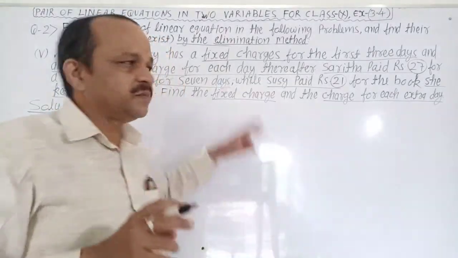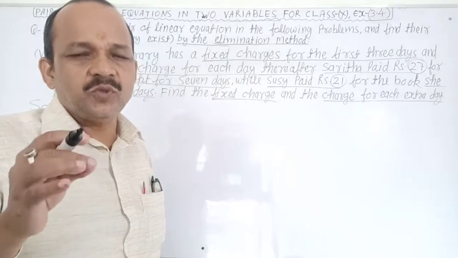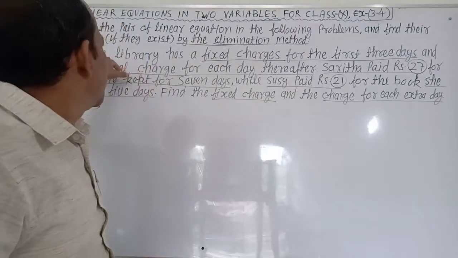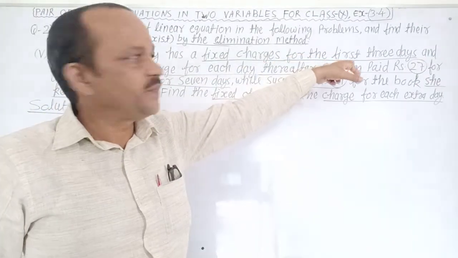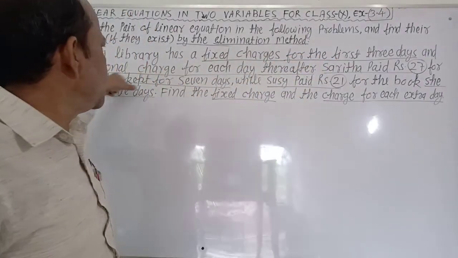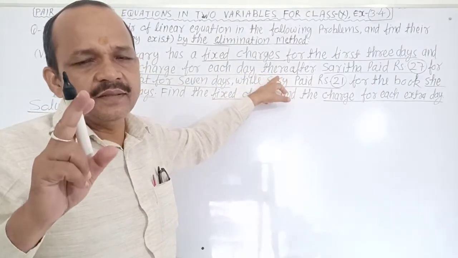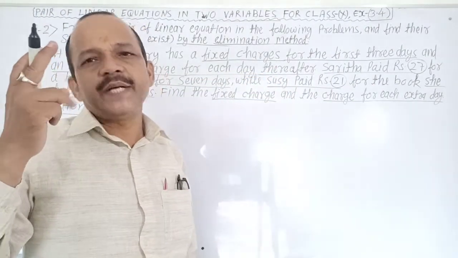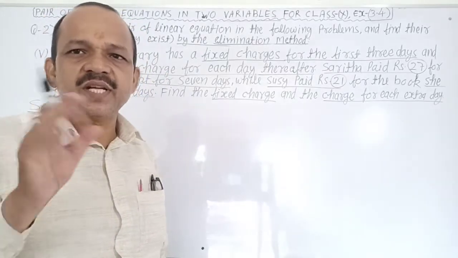Very good. Here, according to the first situation, the library has a fixed charge for the first 3 days and an additional charge for each day. Clear? There are two types of charges. First, fixed charge. Second, additional charge.